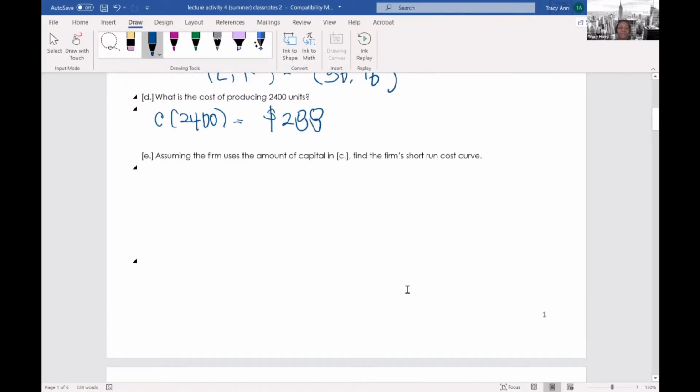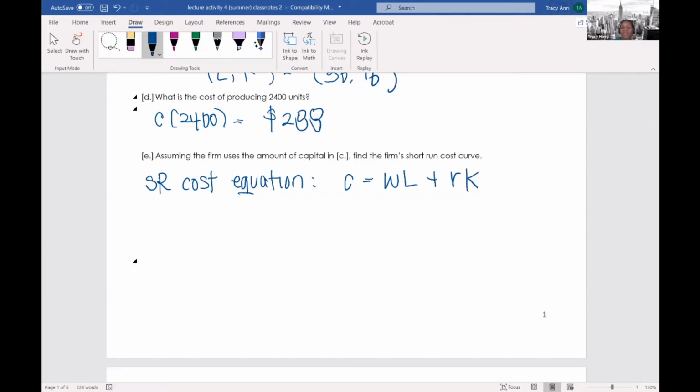So when we worked it out for this one, we recognized that the short run cost curve is actually coming from the short run cost equation. Just so that we understand the difference, this is your short run cost equation, and it is telling me that the cost is equal to WL plus RK.